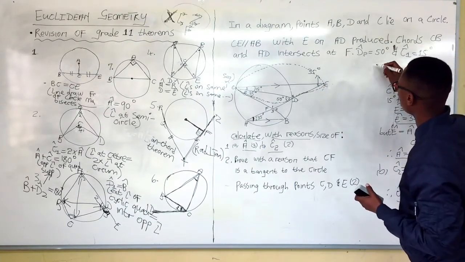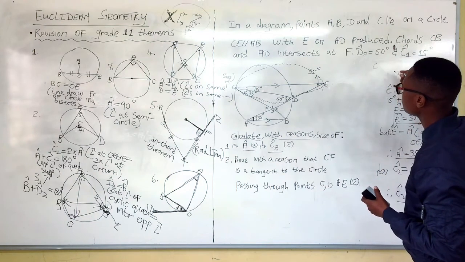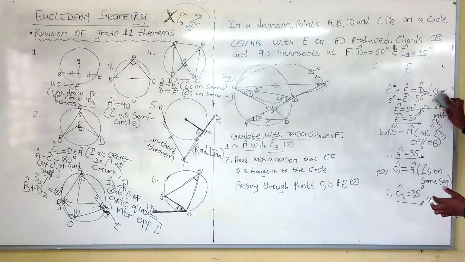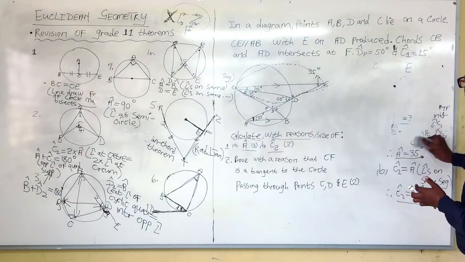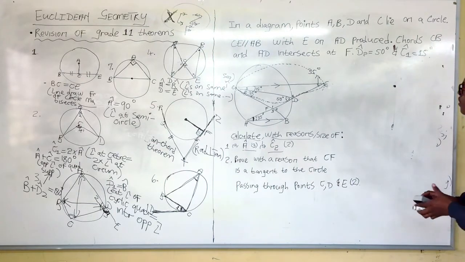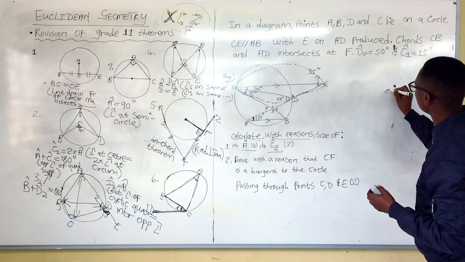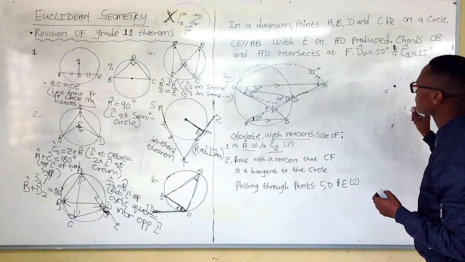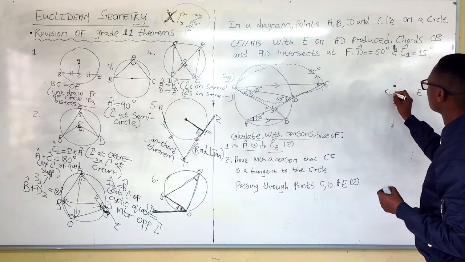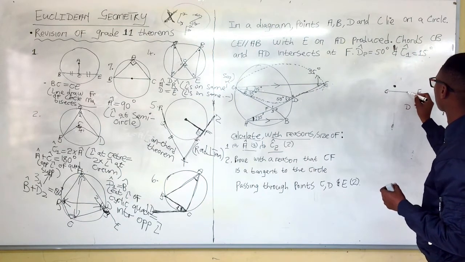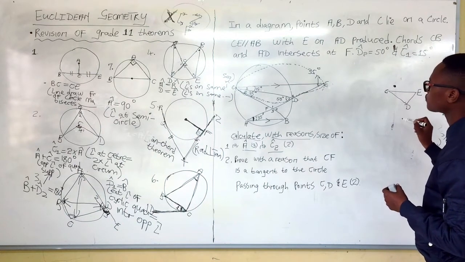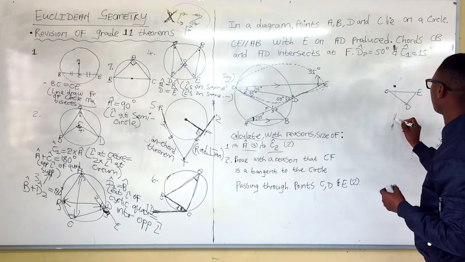So we're going to have C, E. Let me just try to create a space. So we're going to have C, E, and then D. At this point we have a line, and then a line, and then a line, and then we have F here.